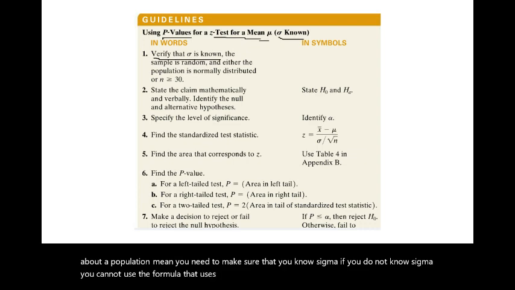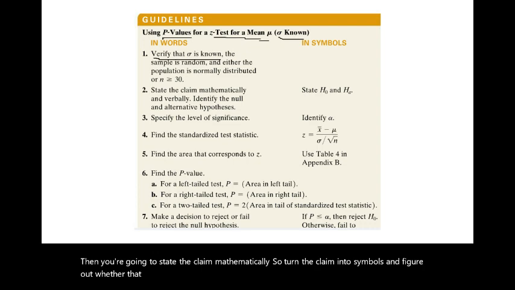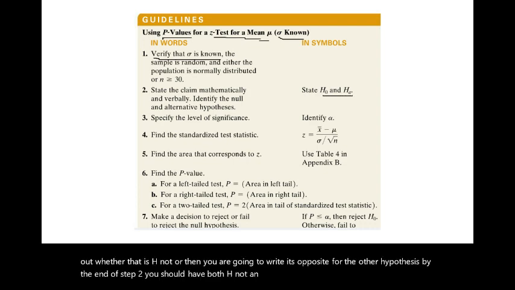That's the big one. Then you're going to state the claim mathematically. So turn the claim into symbols and figure out whether that is H0 or HA. Then you are going to write its opposite for the other hypothesis. By the end of step 2, you should have both H0 and HA. Don't forget, label which one is your claim.